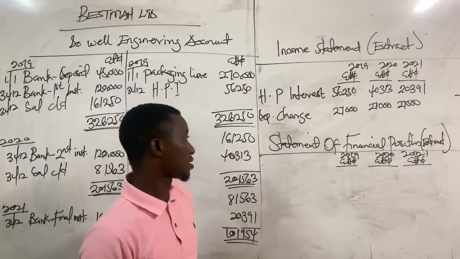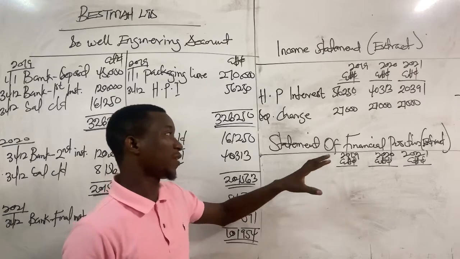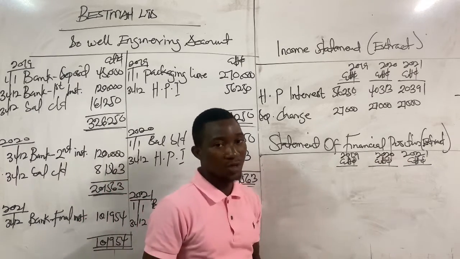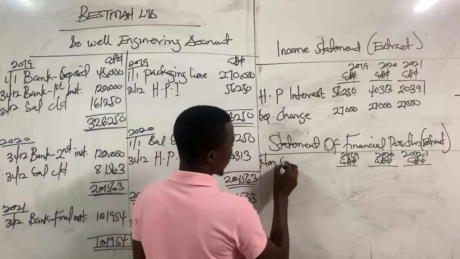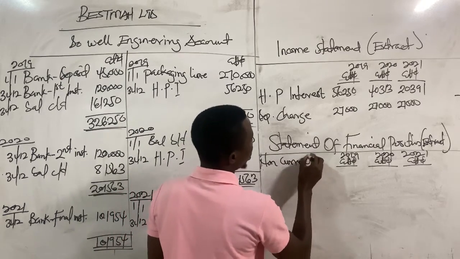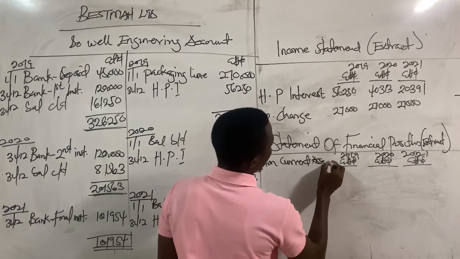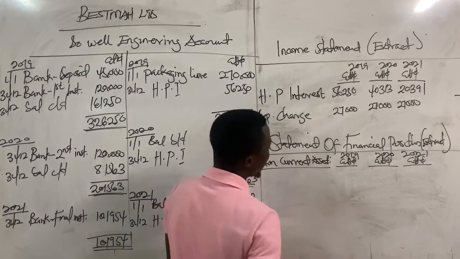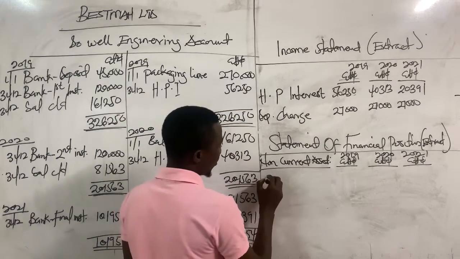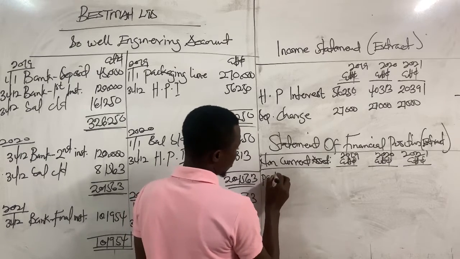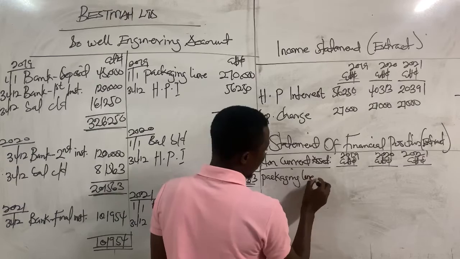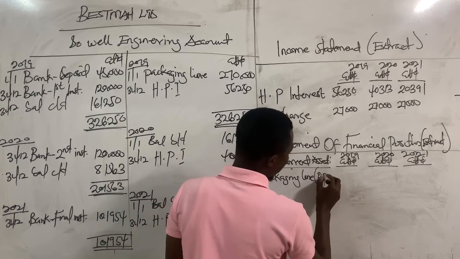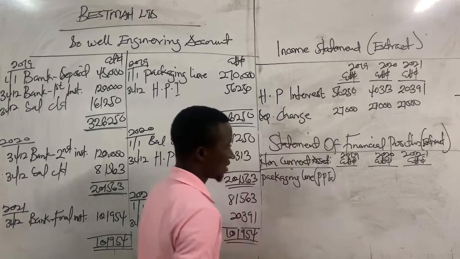So remember that the statement of financial position is also an extract, okay? So we begin with the non-current assets. With the non-current assets, we have the packaging line, and this packaging line is a PPE item, property, plant, and equipment item.